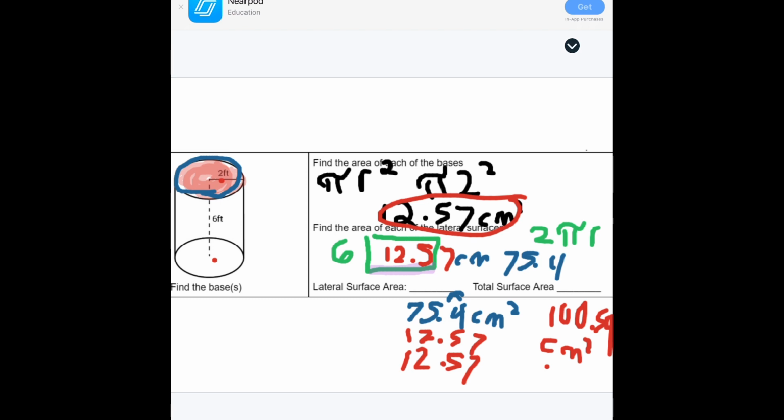By this point, you should be able to have the area of those circles already figured out. You may need to find that missing side of that rectangle side.